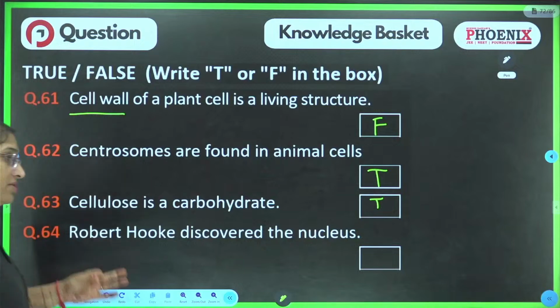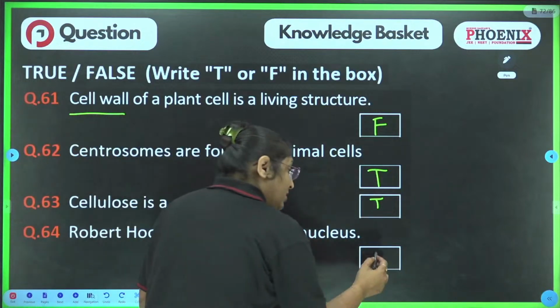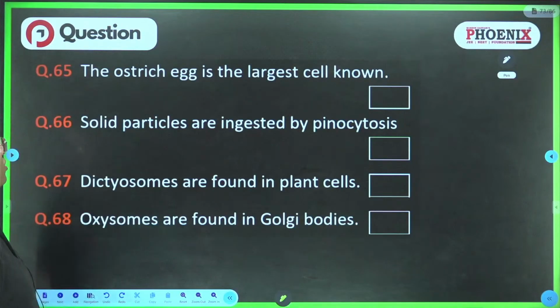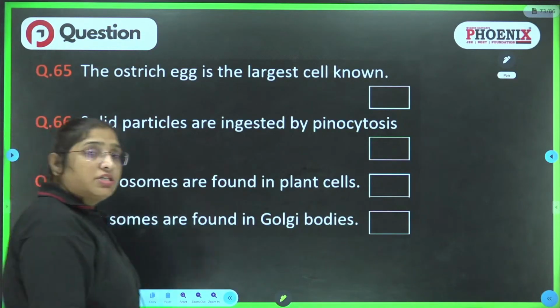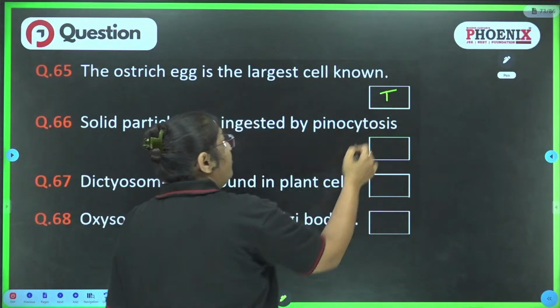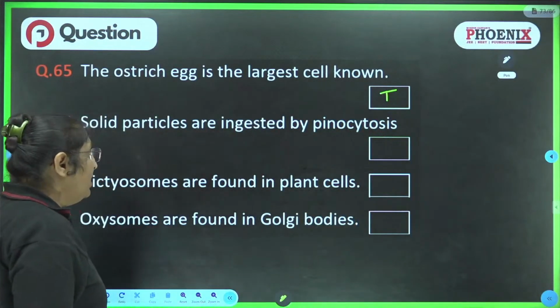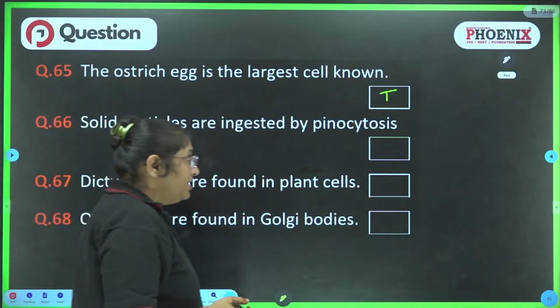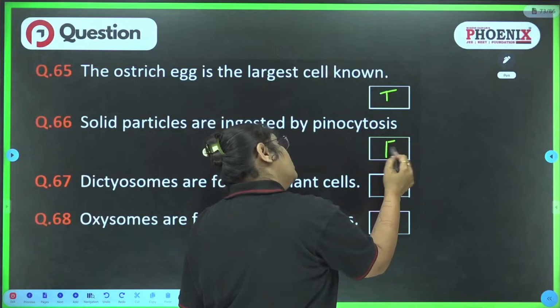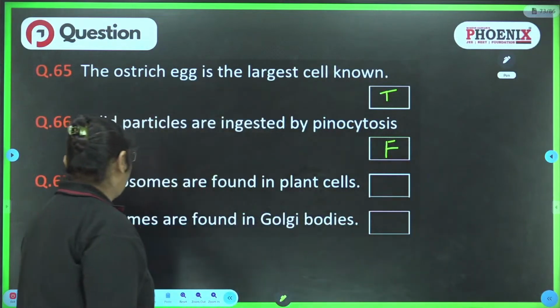Robert Hooke discovered the nucleus. Correct. The ostrich egg is the largest cell known. Correct. Solid particles are ingested by pinocytosis. No, it is done by phagocytosis. So this statement is false.